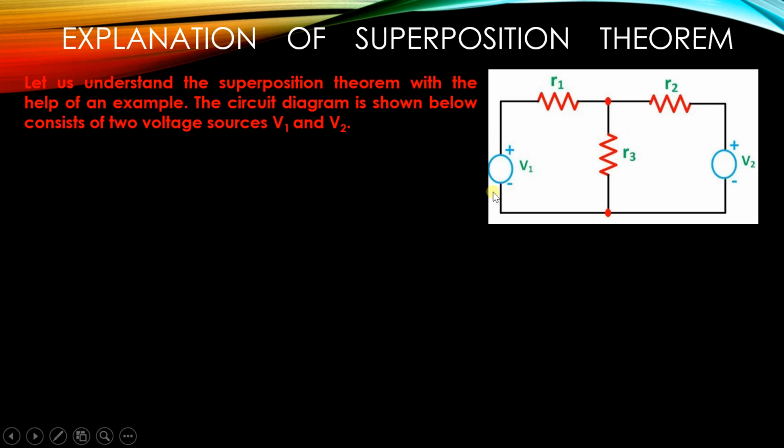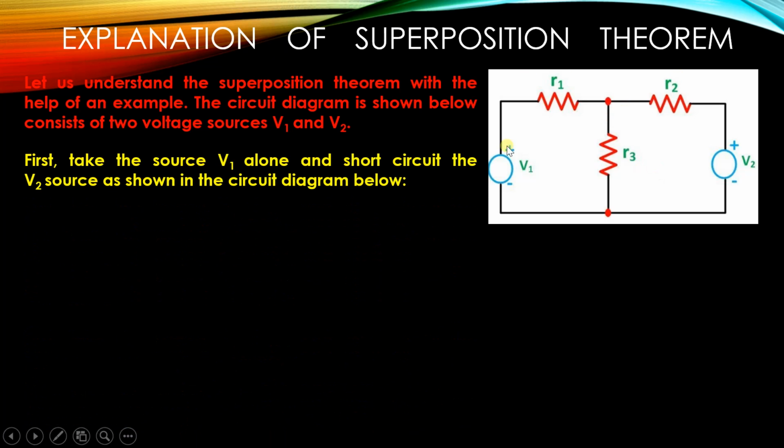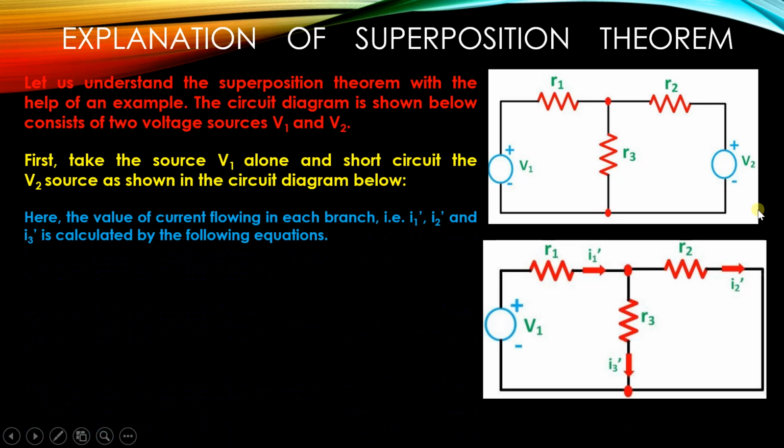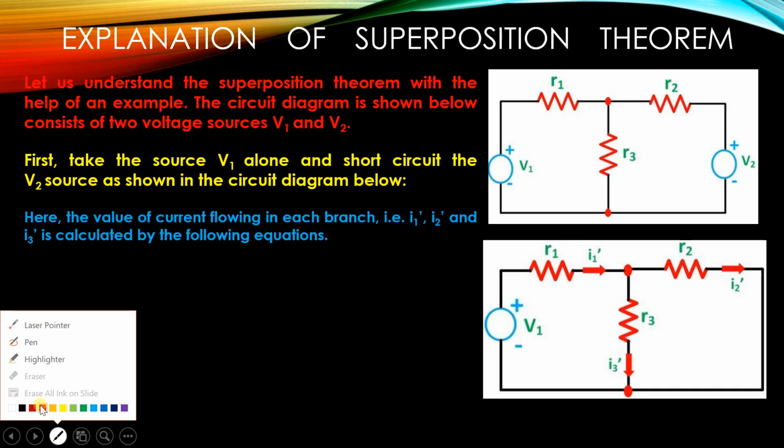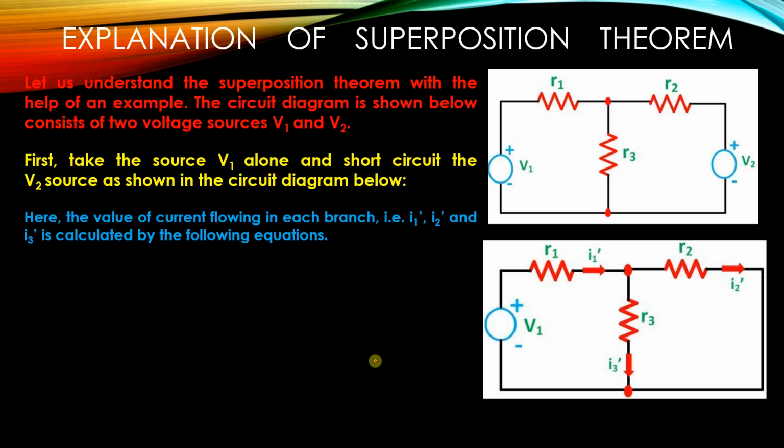The circuit diagram consists of two voltage sources V1 and V2 and some resistances R1, R2 and R3. First, take the source V1 alone and short circuit the V2 source as shown in the figure. As shown in this figure, we short circuit this component like this.